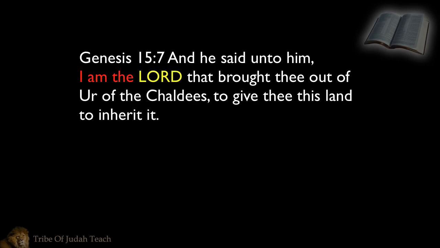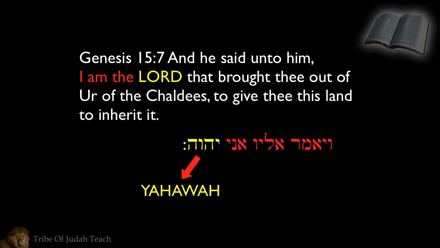Again, what does that say in Hebrew? It says, "Vayomer elav ani Yahweh." I am Yahweh. So there is no way that anyone can honestly say that Abraham didn't know the Most High's name. The Most High told Abraham his name was Yahweh.